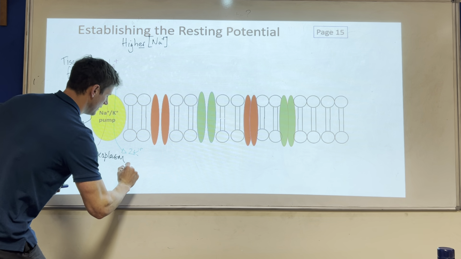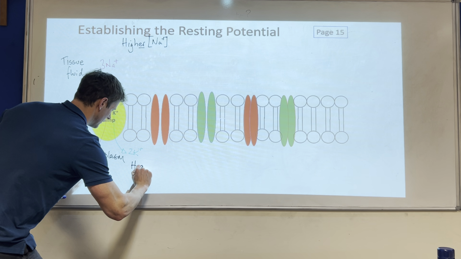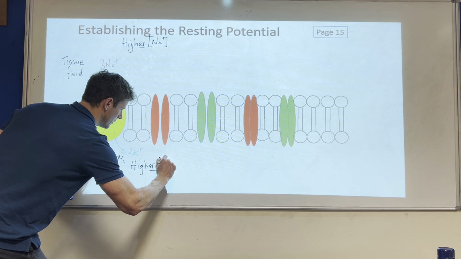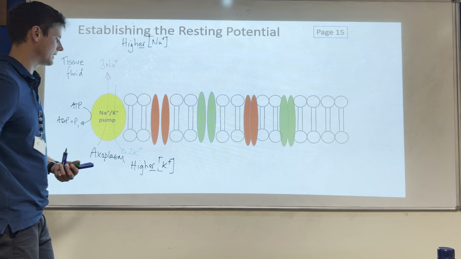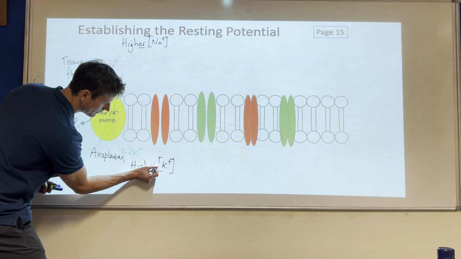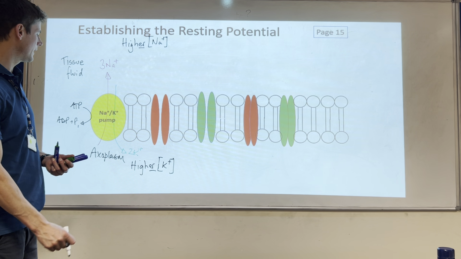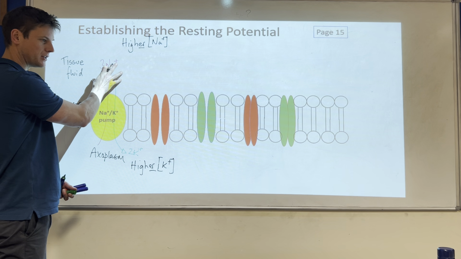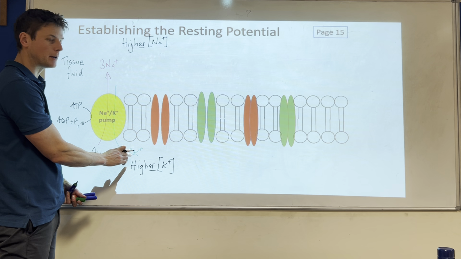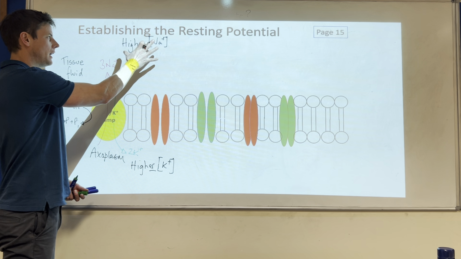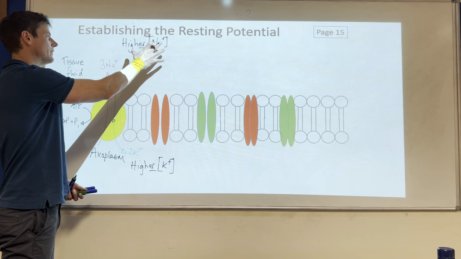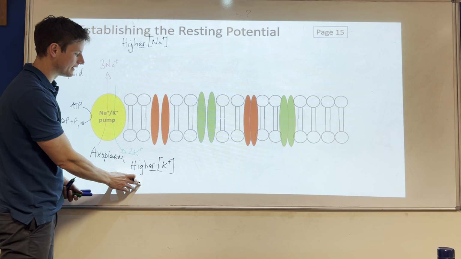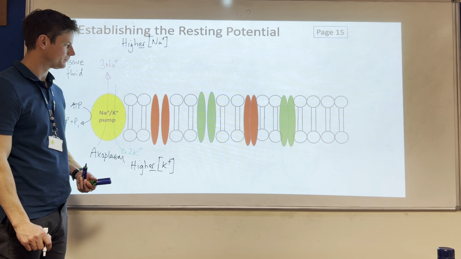On the inside, we end up with a higher, again, concentration of potassium ions. Okay, so far, active transport, 3 sodium ions out for every 2 potassium ions in. Higher concentration is created on the outside for sodium ions, higher concentration on the inside for potassium ions.